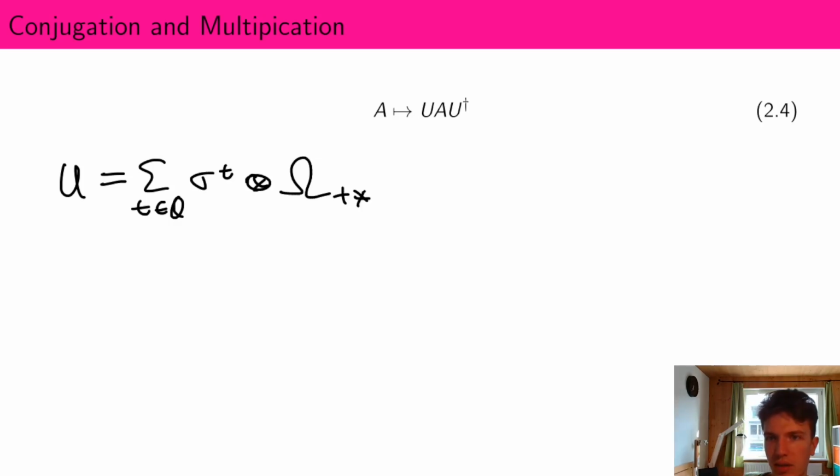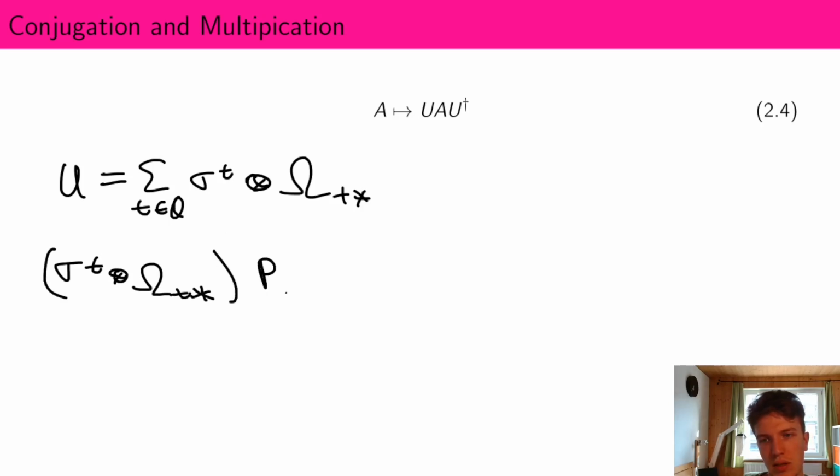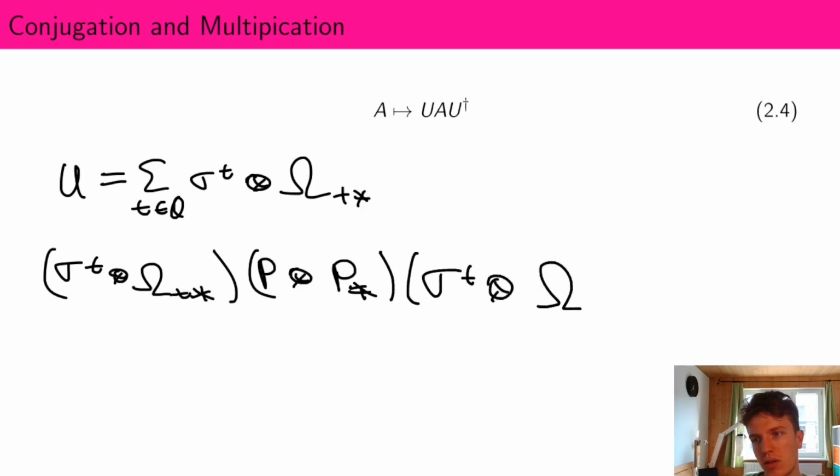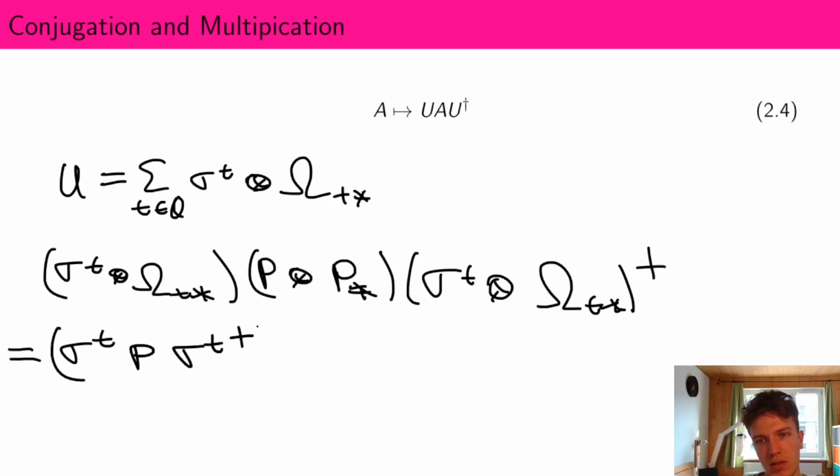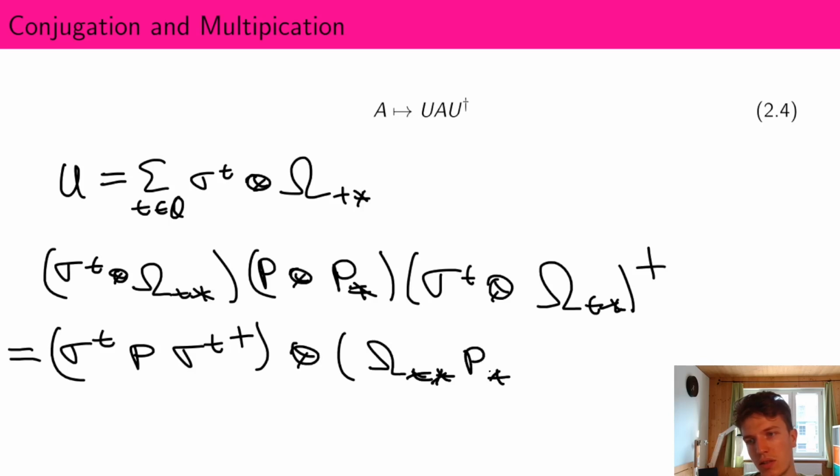So in each step we can use that sigma_T tensor omega_T star, P tensor P star, sigma_T tensor omega_T star dagger is sigma_T P sigma_T dagger times omega_T star P star omega_T star dagger.